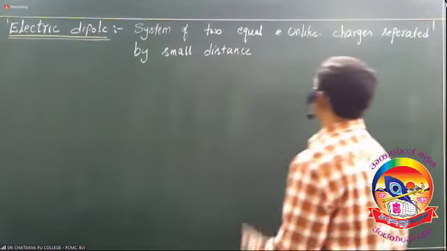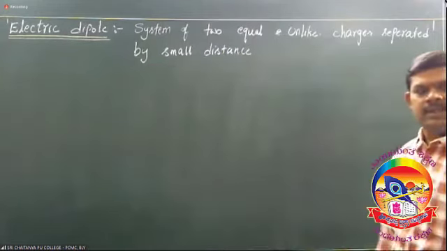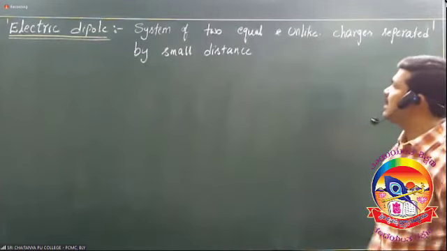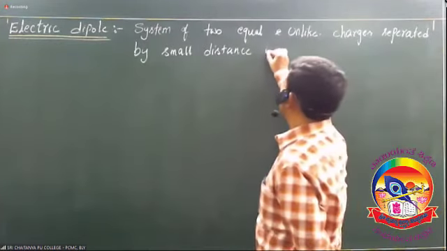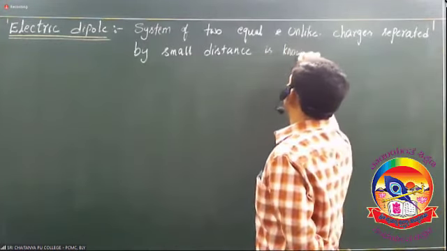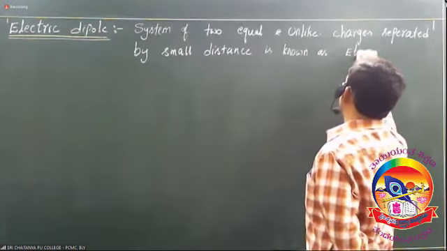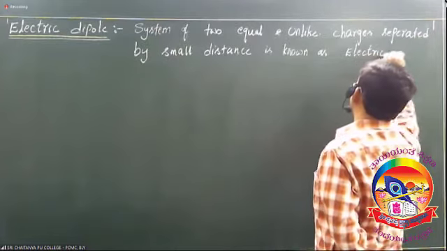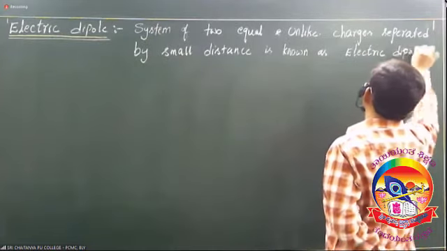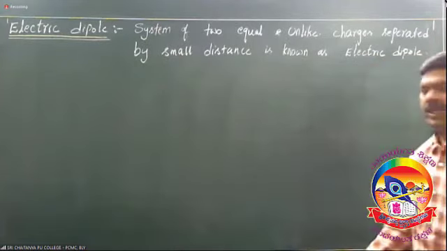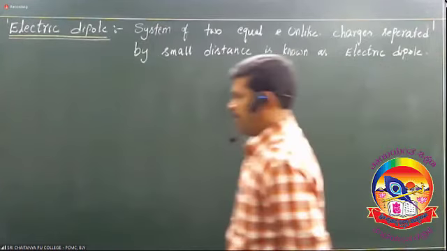System of two equal and unlike charges separated by a small distance is known as electric dipole. Right? This is the definition.